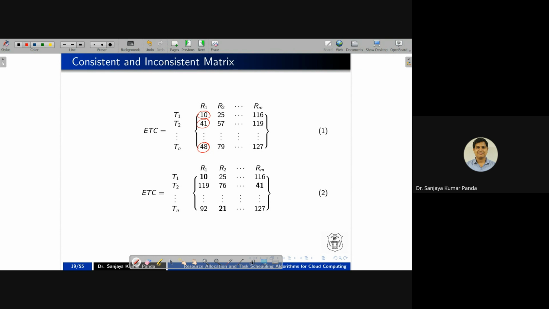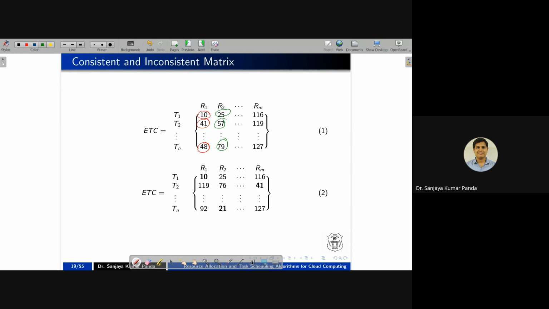In a consistent matrix, if a particular resource is better for a particular task, then irrespective of the task, that machine is better. For example, R2 is the second best machine, so R2 is the best among the remaining machines for all other tasks. That's why it is called a consistent matrix.